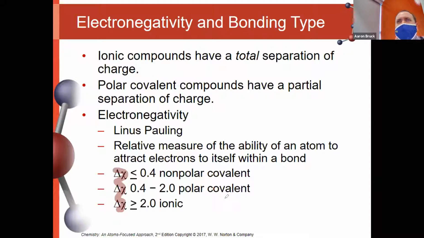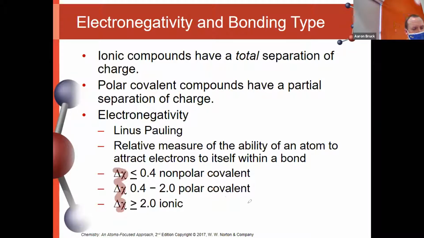If the electronegativity difference is 0.4 or below, we tend to think of that bond as nonpolar. Why 0.4? Well, that's the difference between carbon and hydrogen, and those bonds are generally considered to be nonpolar bonds. So that's kind of the upper limit of nonpolar nature.